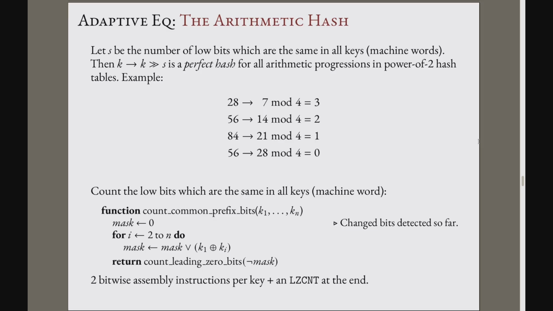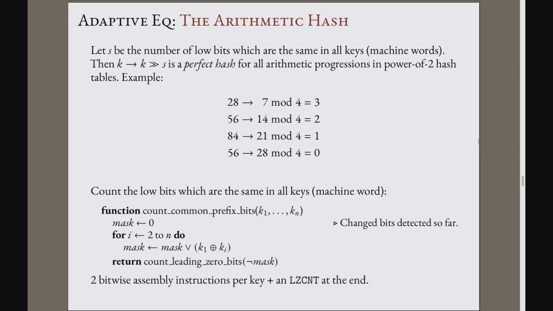Now, it's EQ hashing, so you can think of the keys as machine words. You divide by the largest power of 2, which shifts out the common bits so that the constant low bits get lost. And this is all that's needed for keys forming arithmetic progressions to turn them into a perfect hash.